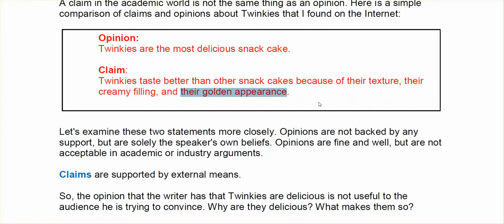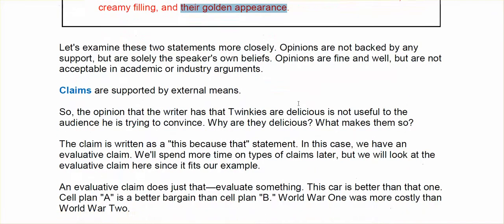So we've got a stool. We don't have a table, we have a stool. Those are my evaluative criteria. So because this is an evaluative claim, if it were a definition claim, I'd have parts to my definition. If it was a problem solution claim, I'd have parts to my solution. Whatever it is I'm attempting to do in that particular argument, I'll have a particular kind of claim I'm making, but that claim has to be supported with subclaims.